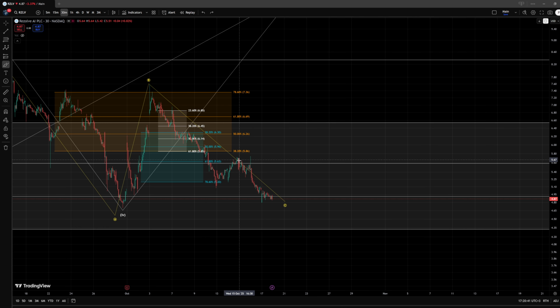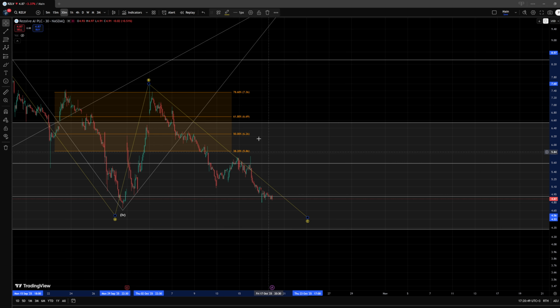And even the blue support zone did also provide the 78.6% retracement, but we broke below it. And these things happen, nothing really to do right now about it.